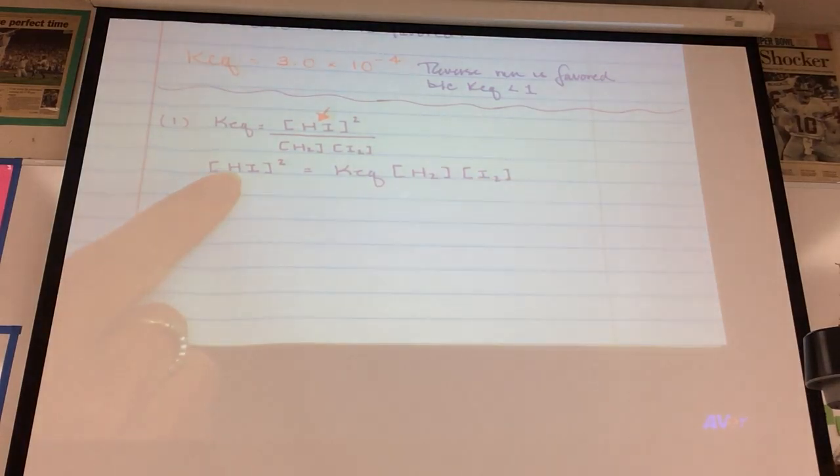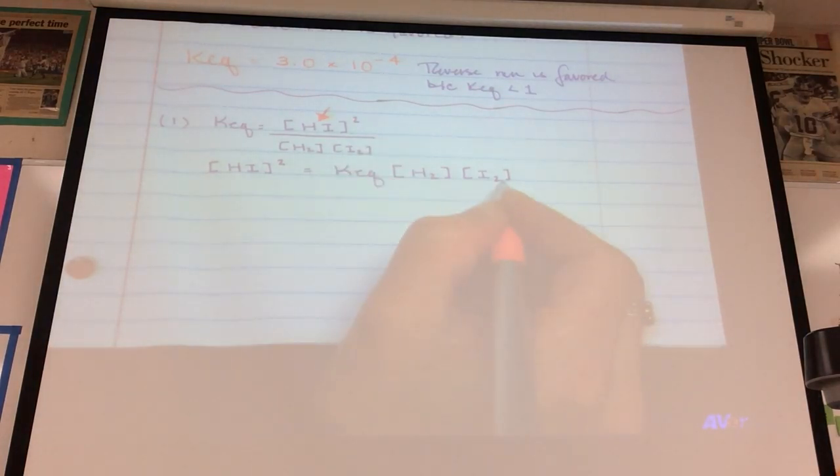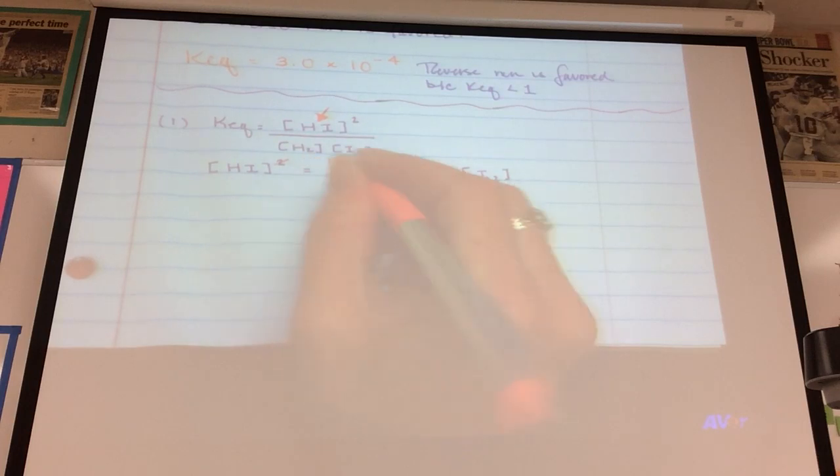Now I want to know the concentration of hydrogen iodide, not hydrogen iodide squared. So what times 2 is equal to 1? A half, right? So you can either take all of this to the 1/2 or you can just square root both sides.